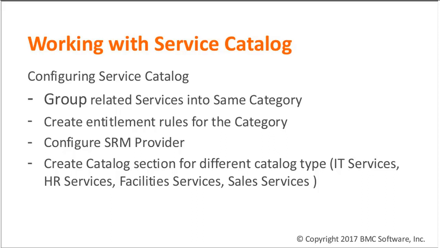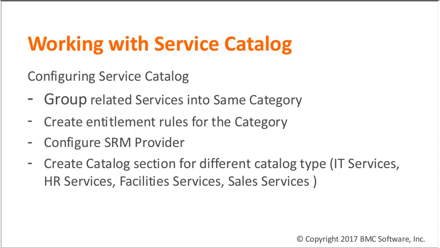Now, coming to the digital workplace configuration side, the first thing you do for the SRM integration with digital workplace is to configure the SRM provider for digital workplace. This will ask for your server information and a set of configuration, which we'll go through in the next slide.